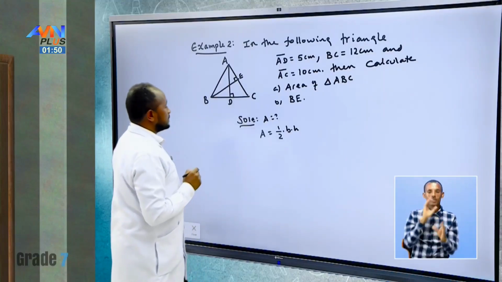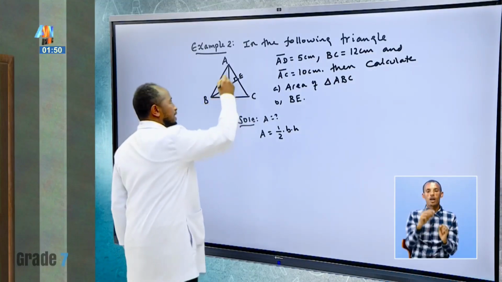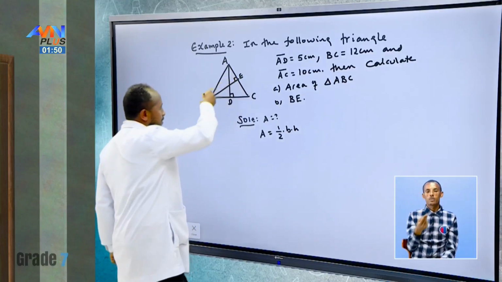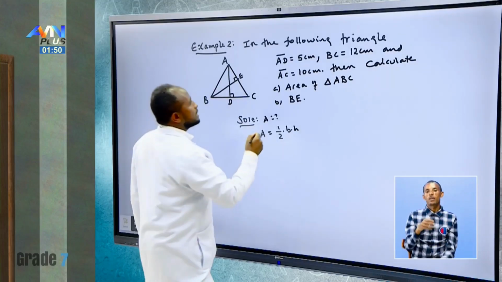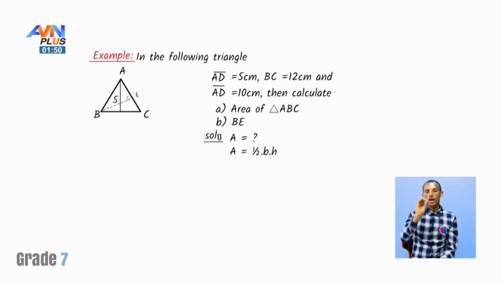To calculate this area, you can use this base and height, or you can use this base and this height BE. So first let's put the numbers here. This distance AD is 5.